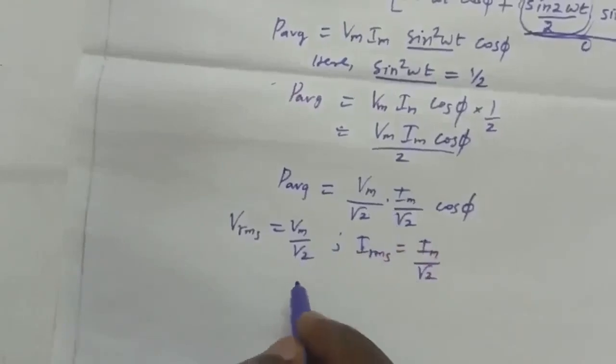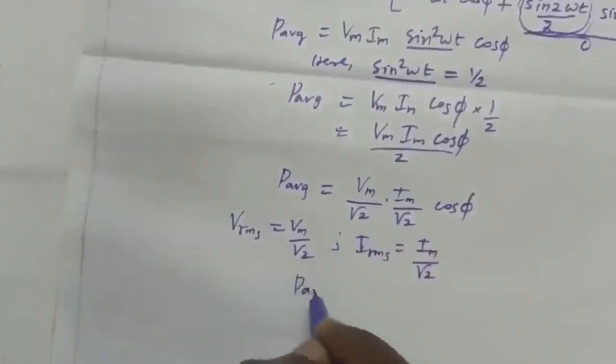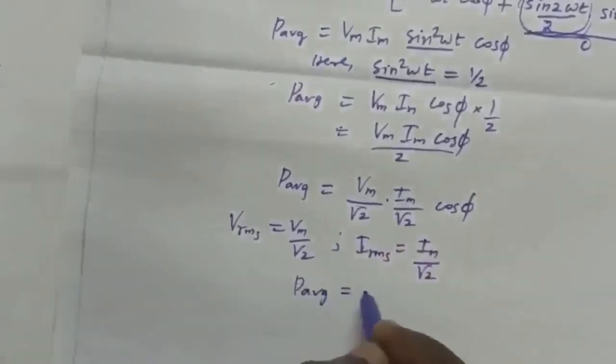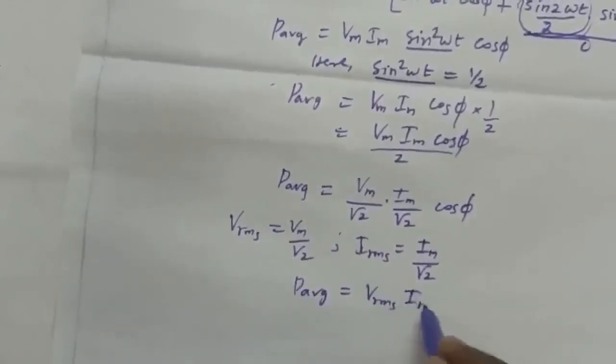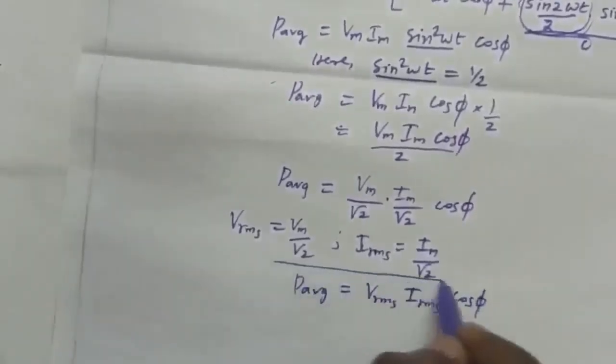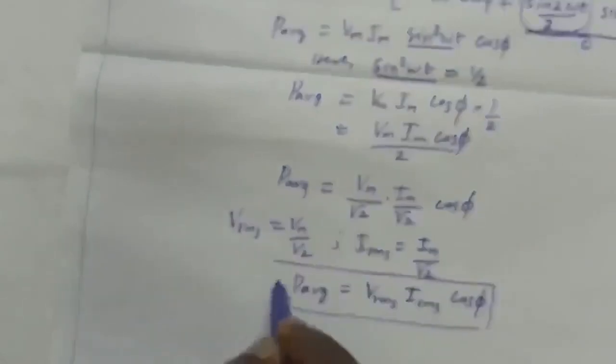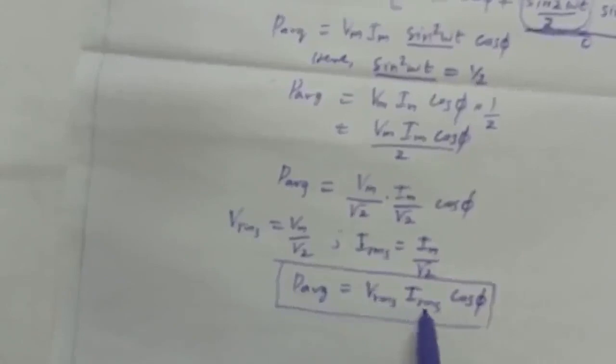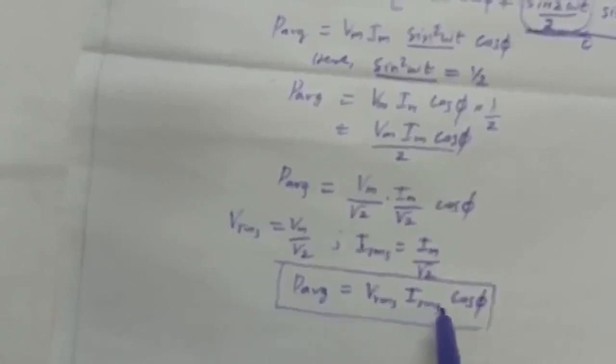The average power is equal to Vrms into Irms into cos phi. So students, this is nothing but the power average in an AC circuit. Therefore P is equal to Vrms and Irms into cos phi.